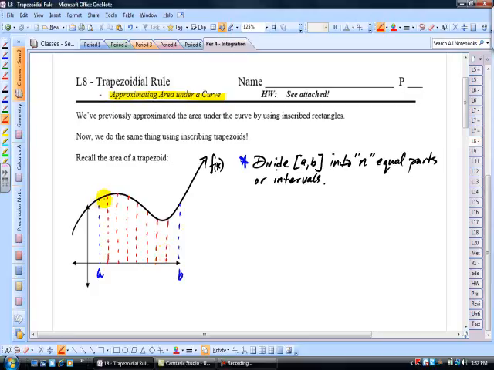And instead of topping off each one from the left using rectangles, or from the right, or even from the midpoint using rectangles, wherever they meet the function, let me switch to red here, like right here and here, I'm going to connect them. And it's obviously going to be at an angle there because we have a sloped curve, and I'm going to top them off in trapezoids.